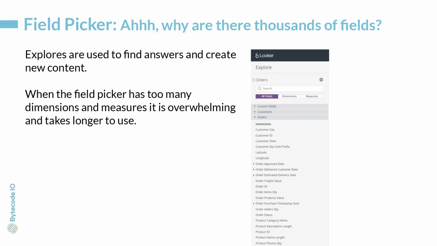The fourth and final change may take a little more time to make, but has a huge impact. When users need to do analysis, they use an Explore where they can select from a list of fields and see the results. If the list of fields is too long, it can be overwhelming and slow to find the answers they need.